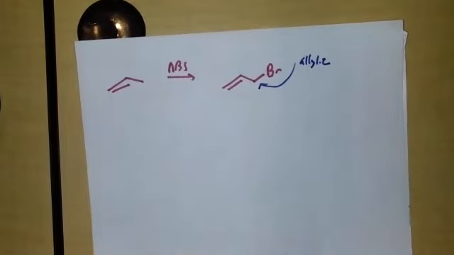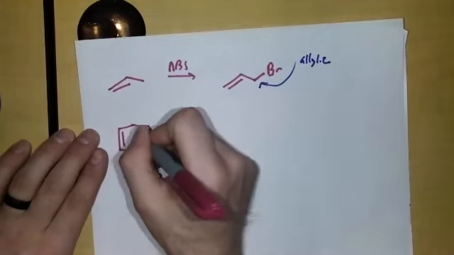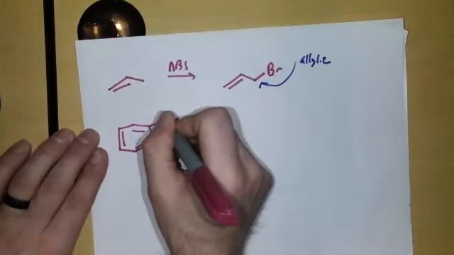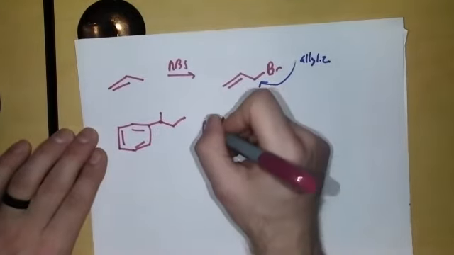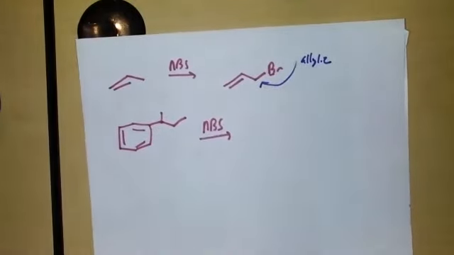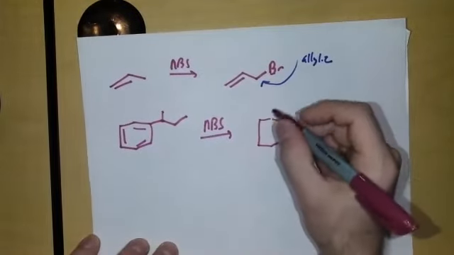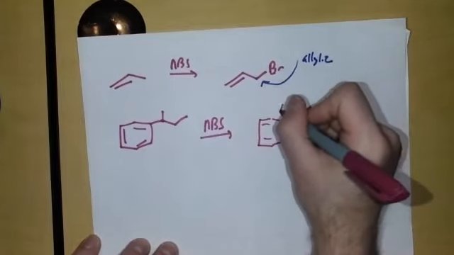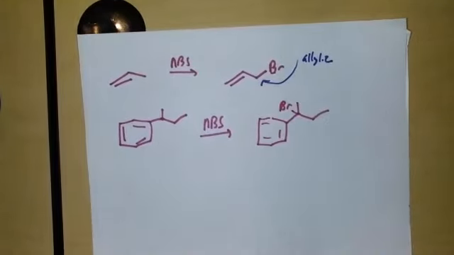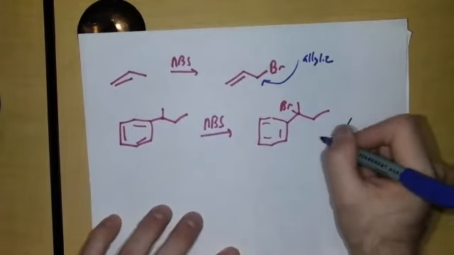We do the same thing with an aromatic ring. You can add that Br to what's called your benzylic position. And that's going to be this position that's one away from your benzene ring. It's really stable. It's got a whole ton of resonance to it.